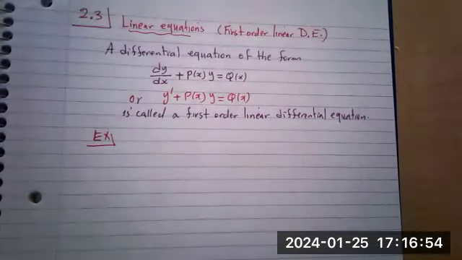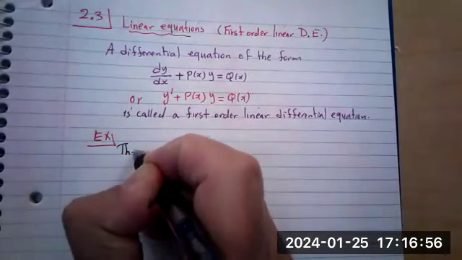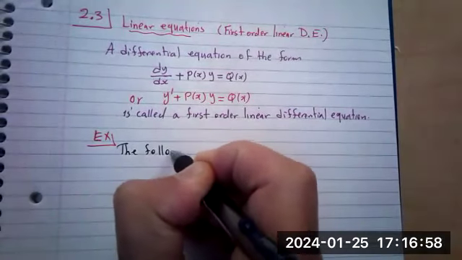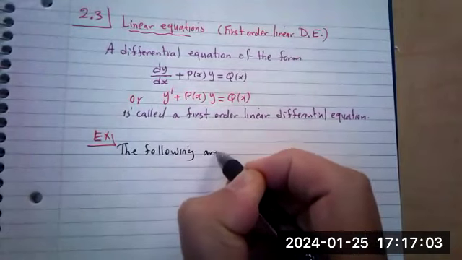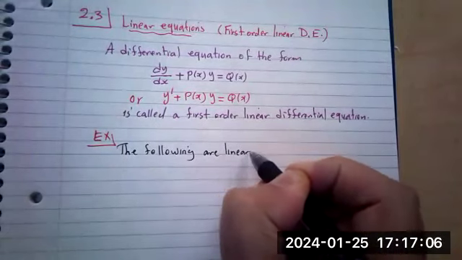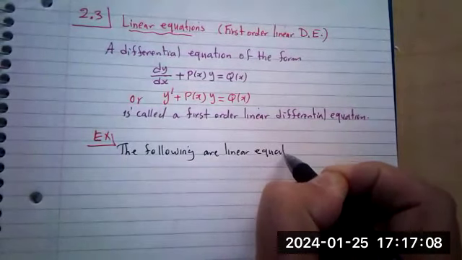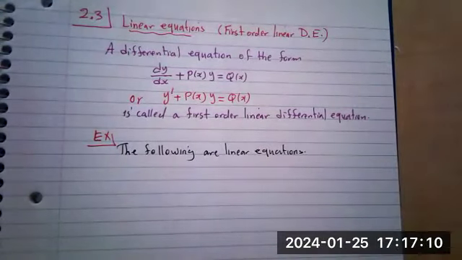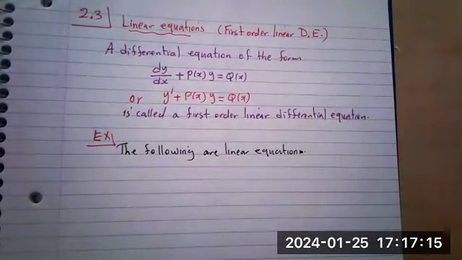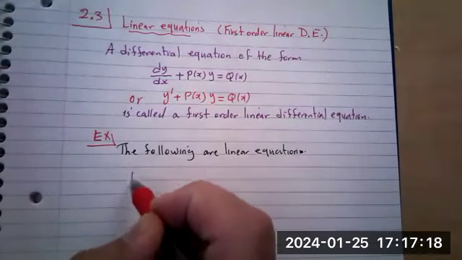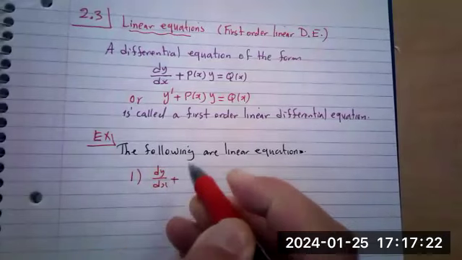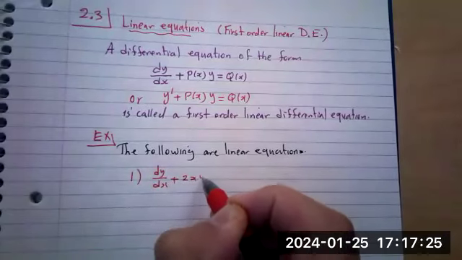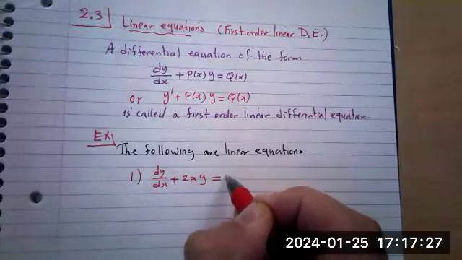Okay. So the following equations are linear, with different notations that we're going to use. The first one, very standard: dy/dx plus 2xy equal to x.